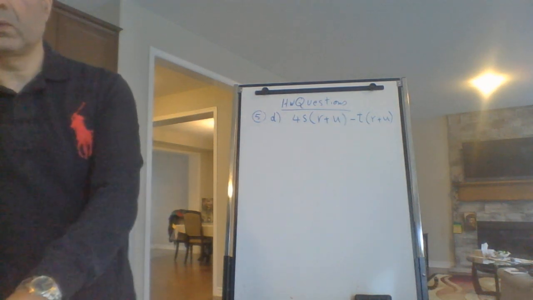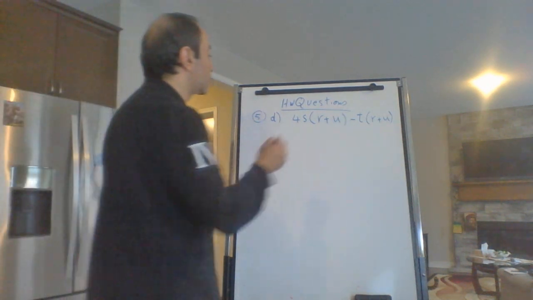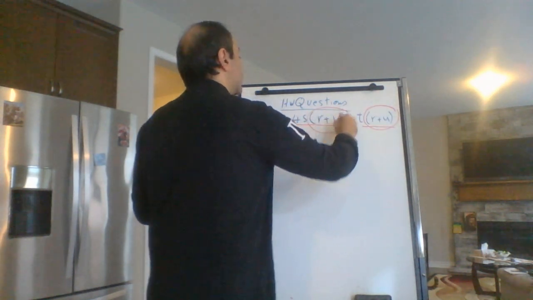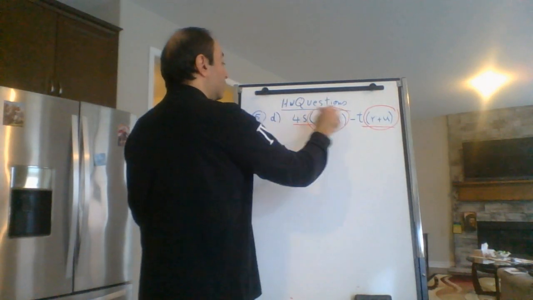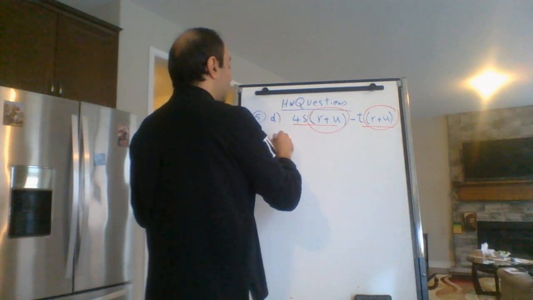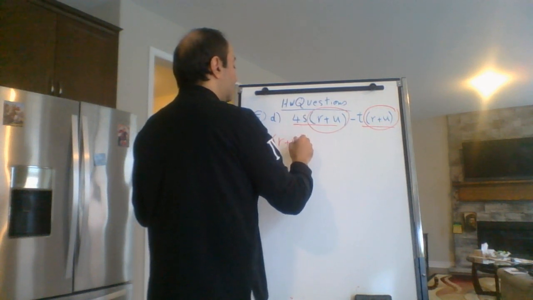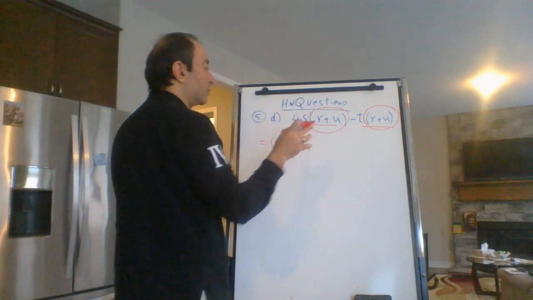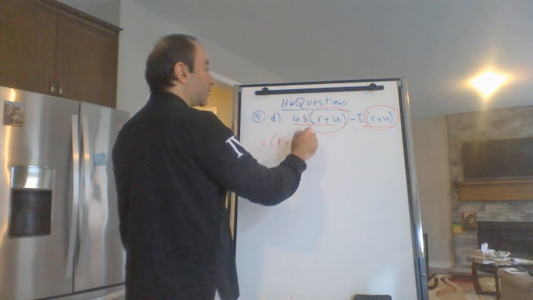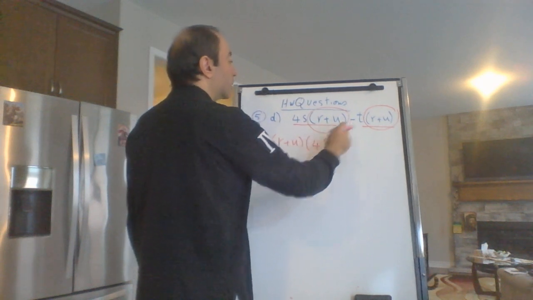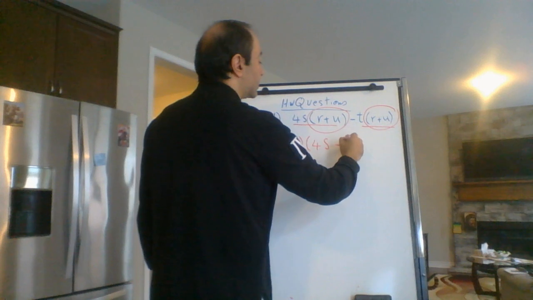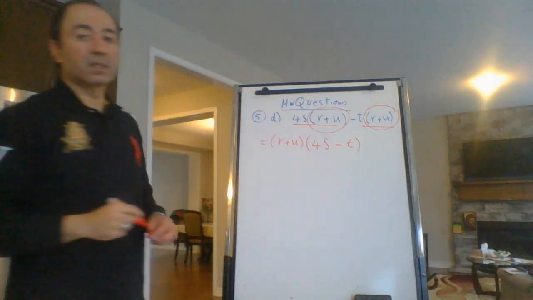Again, I'm looking for the common terms. When I see this and that, I see that r plus u is common in both terms, so I will factor the common factor, r plus u. And if I divide this term by r plus u, that will leave 4s. And if I do the same thing with this, that will leave minus d. So this is 5D.